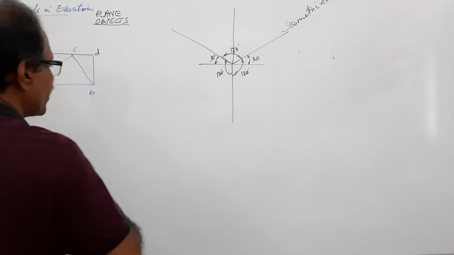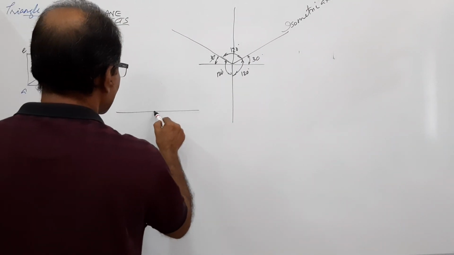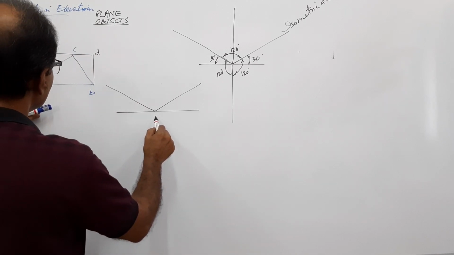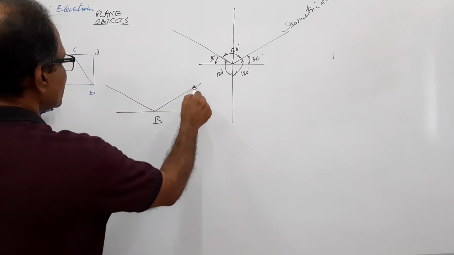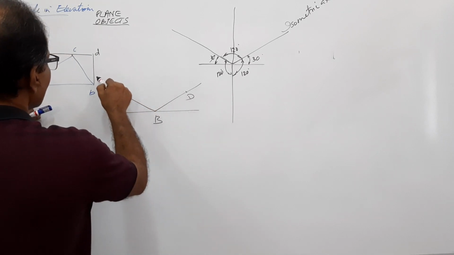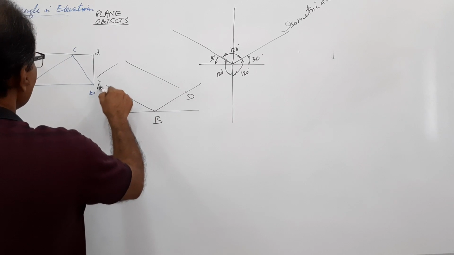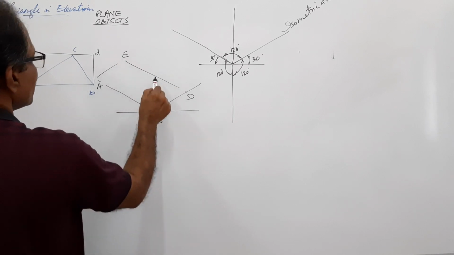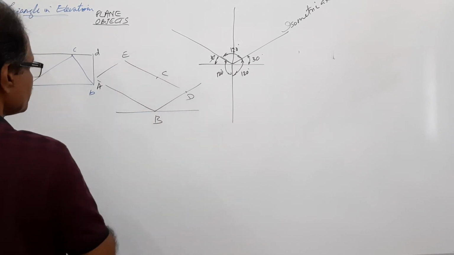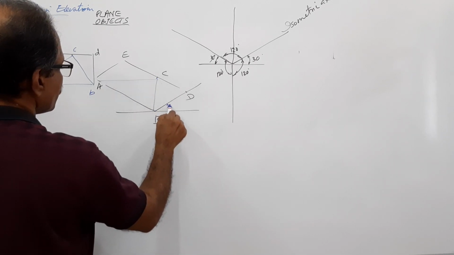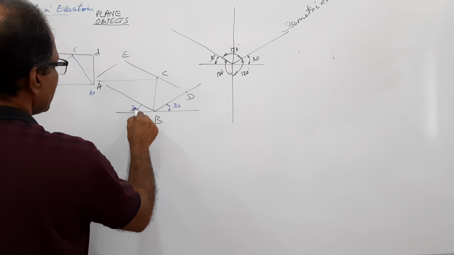Triangle seen in plan. What you have to do? Draw the two 30-30 axes. No question of y-axis. Choose B here if you want. Choose D. This is A, this is E, C. 30, 30.